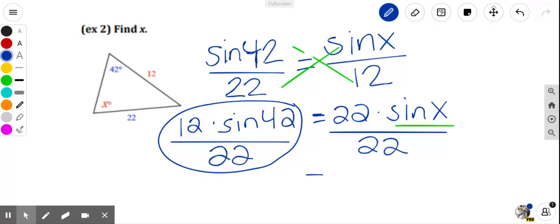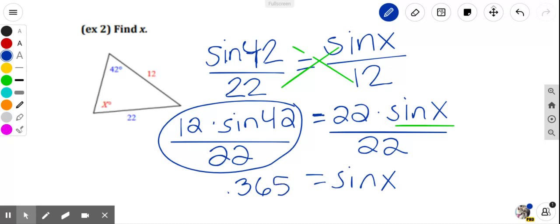Okay, so now in the calculator, you're going to do 12 times sine of 42. Now remember, if you're doing this in a phone calculator, you kind of have to do it backwards. So you would hit 42 sine times 12 equals, and then you're going to divide that by 22. Right here, you should get approximately 0.365.